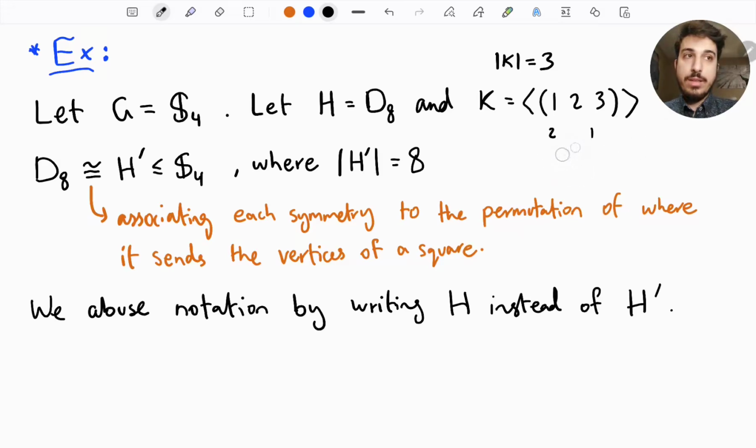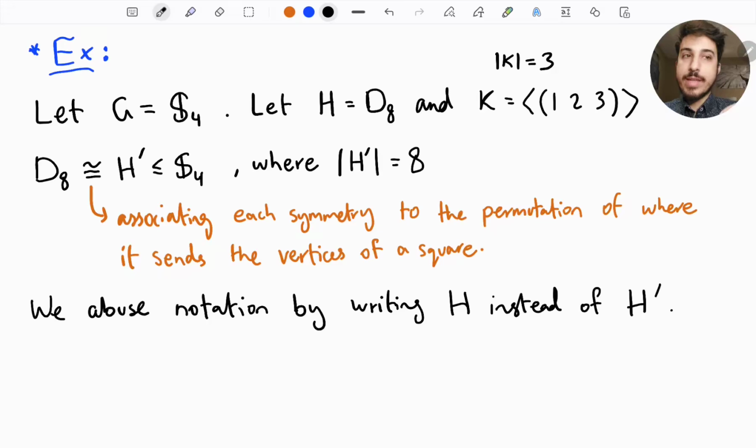So technically, even though we cannot say outright that it is a subgroup of S4, it has the same structure as a subgroup of S4. So we're going to be abusing notation here and replace H prime by H, okay?